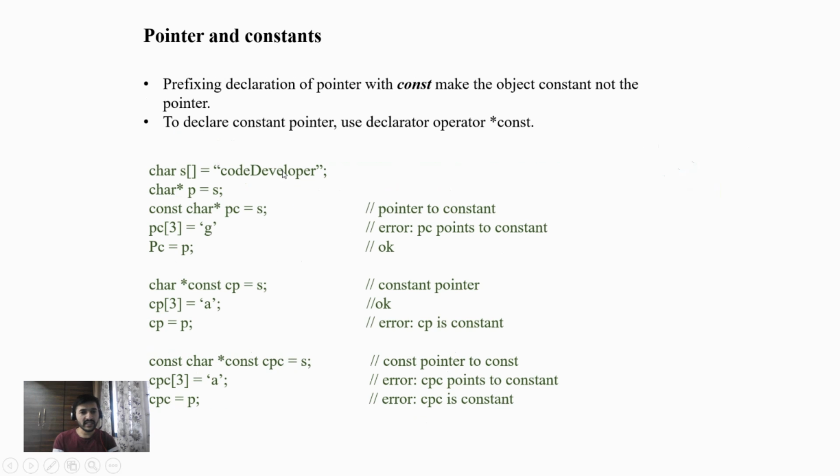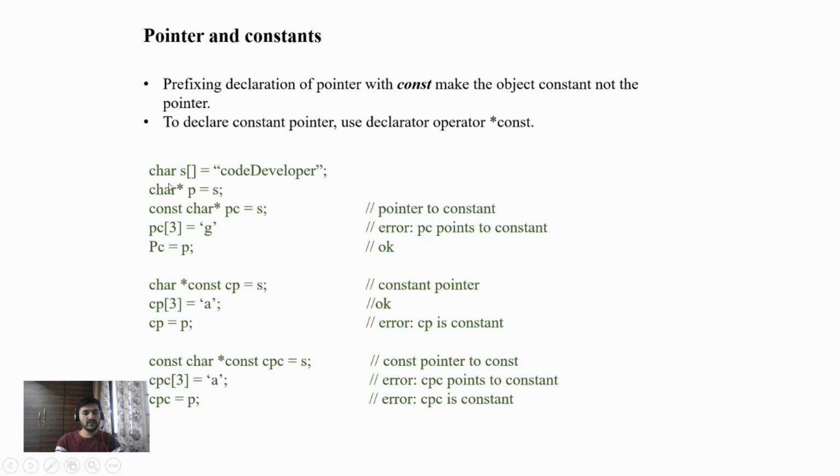So there are two things. We can either create a constant pointer or we can create a pointer to a constant object. What is the difference between a pointer to a constant object and a constant pointer? We will see through this example. Just note that we can create a constant pointer using the star const declarator.